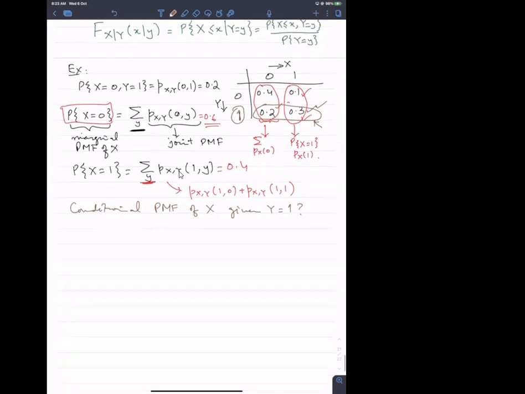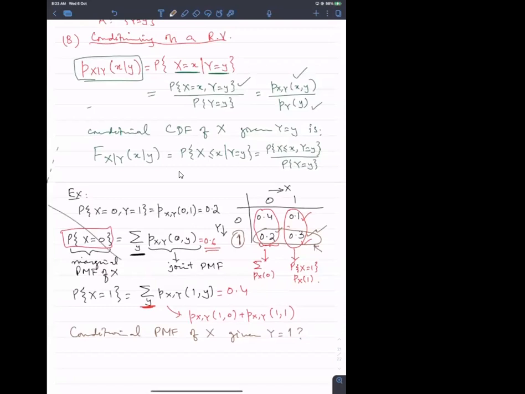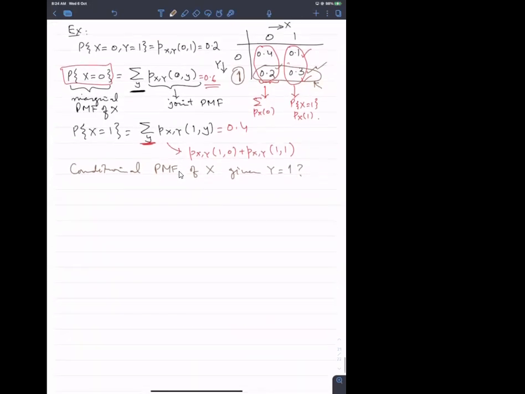So let's do that, and we did it up here actually. So PMF of x given y is simply the joint divided by the marginal of y. Joint divided by the marginal of y. Okay. So PMF of x given y, हमने ऊपर लिखा है.